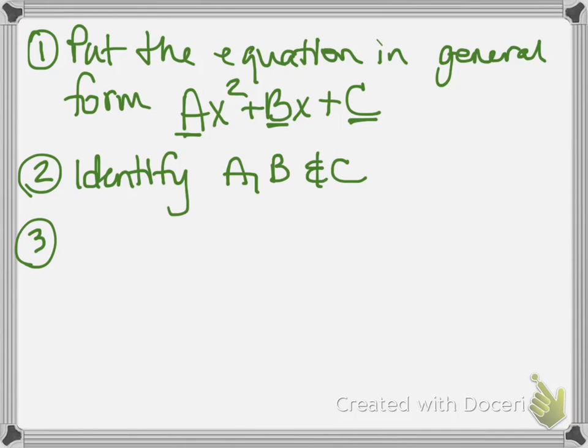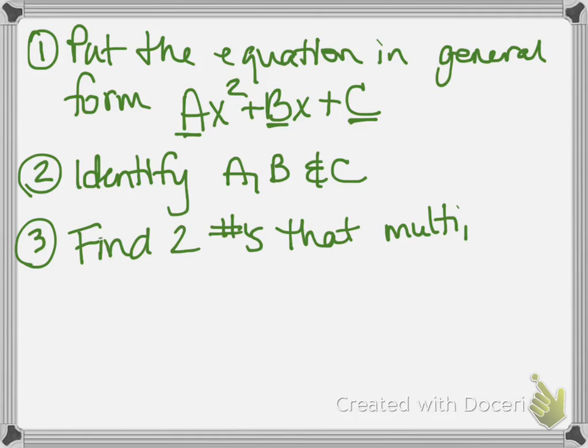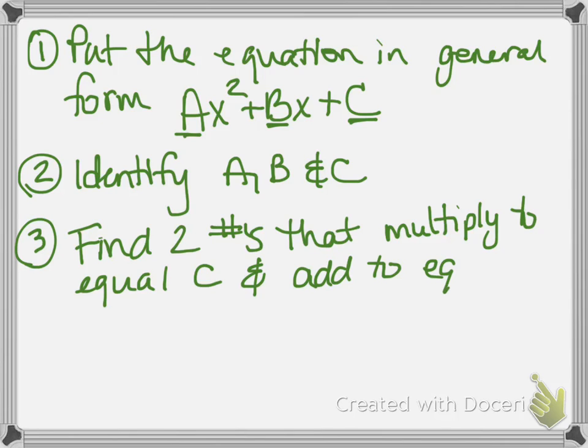The third thing you're going to do is find two numbers that multiply to equal c and add to equal b.